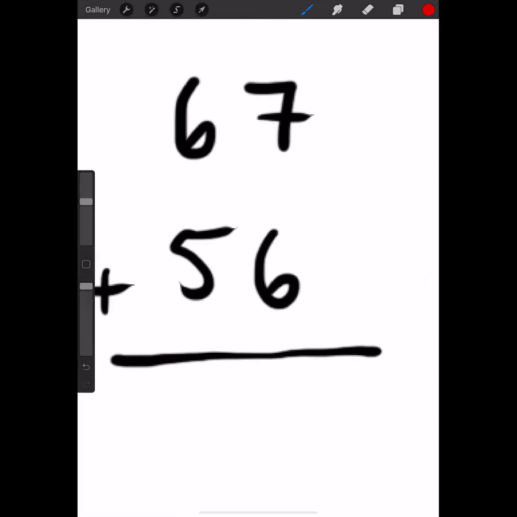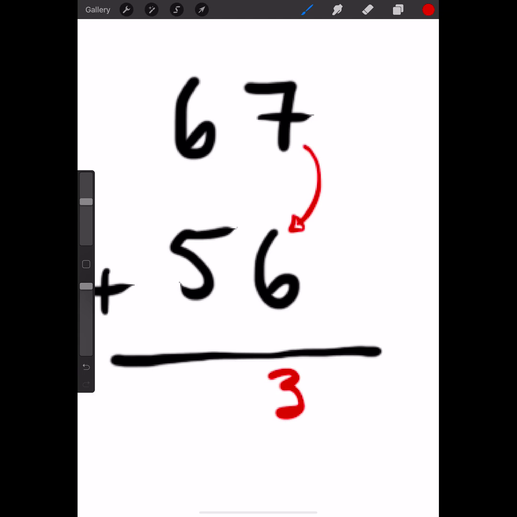A second example, again, I know that I have to add 7 to 6 in the ones column here. And so 7 plus 6, if I add it up in my head, is 8, 9, 10, 11, 12, 13. I'm going to take that number in the ones column for my answer, which is a 3, and write it below.